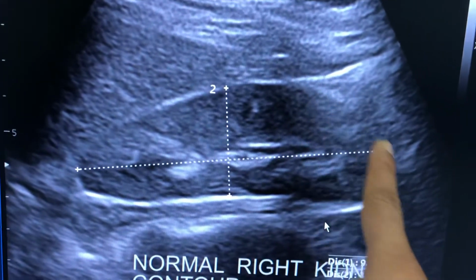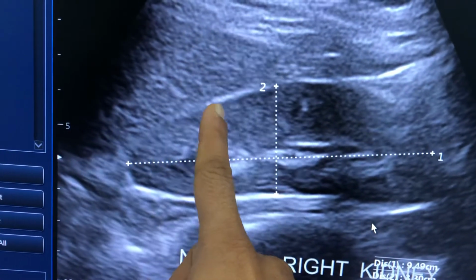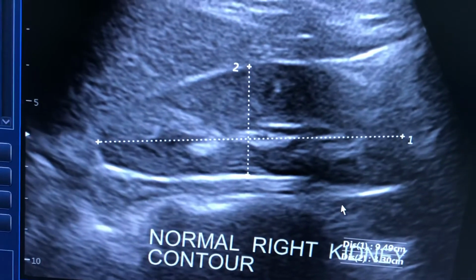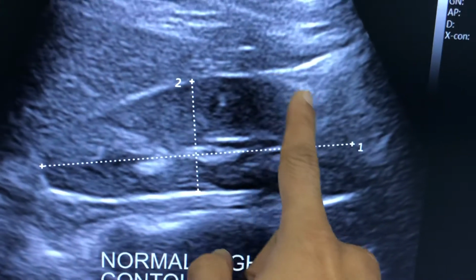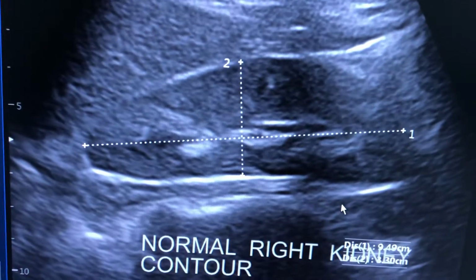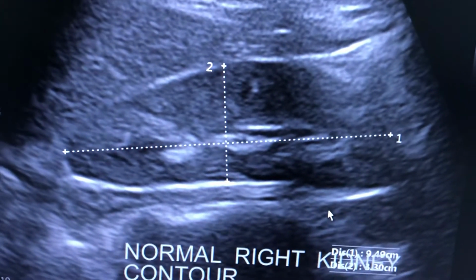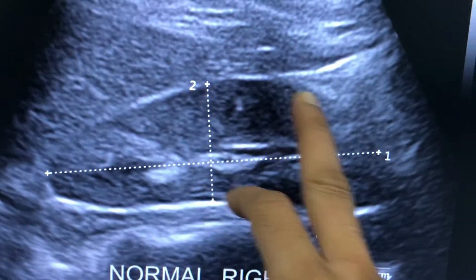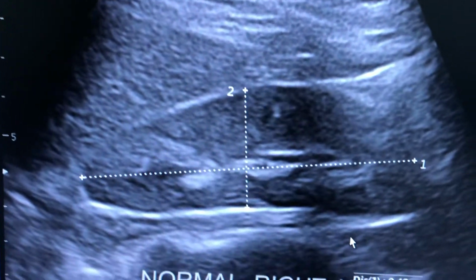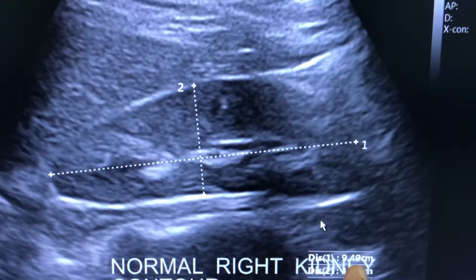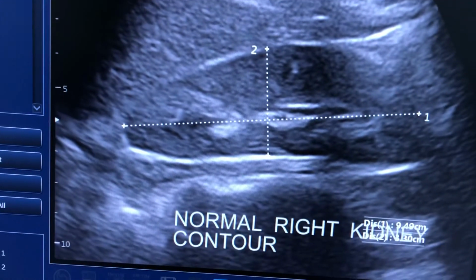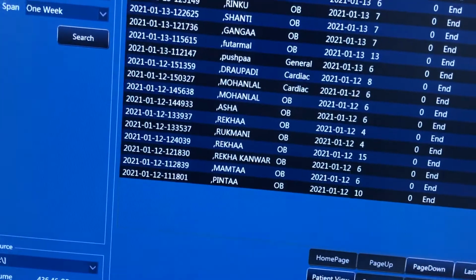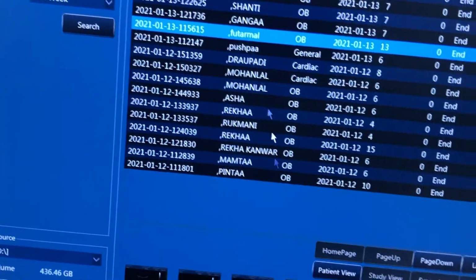Here you see, there is a little bit of U shape, but we are not looking at this point. We are looking at this point, because when the kidney is swollen as a whole, the whole contour of the kidney becomes altered. So here, if we see, there is a pointing in that kidney, which I showed before.